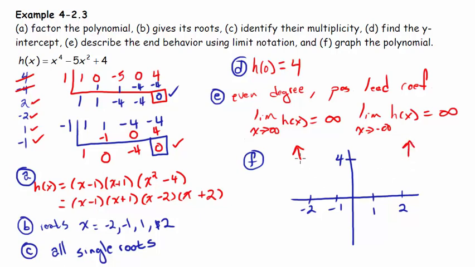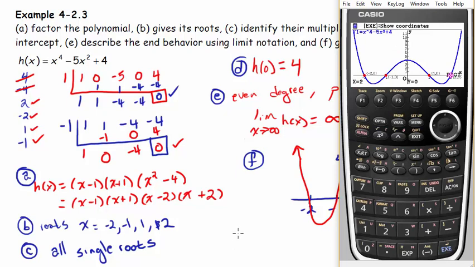Alright, so I'm going to go down here through -2, up through -1, pass through my y-intercept of 4, down through 1, and then up through 2. Which hopefully we can see here in our calculator. So we did pretty well there.